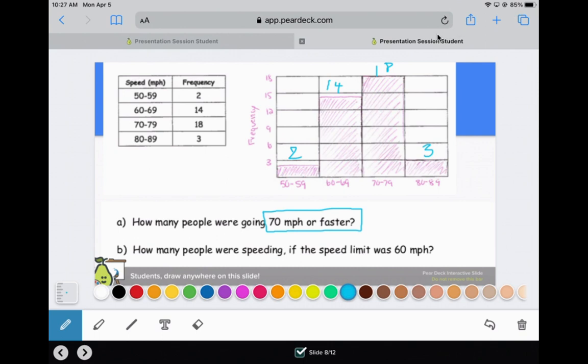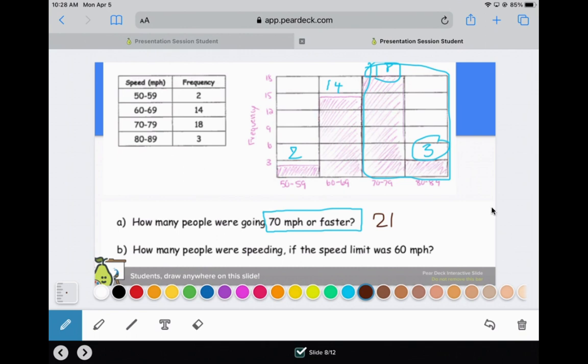The third and the fourth, right? So from 70 and higher. I'm looking at these two, right? So I have 18 here and I have 3 here. So the total for both is going to be 21. So be very careful. A lot of times the mistake we may make is we look at the 70 column and ignore the 80 to 89. Okay.